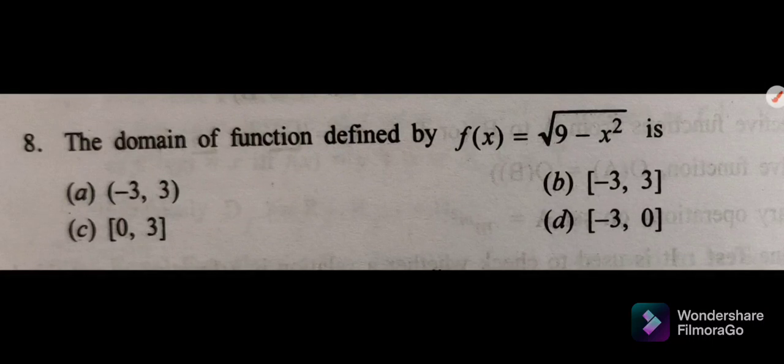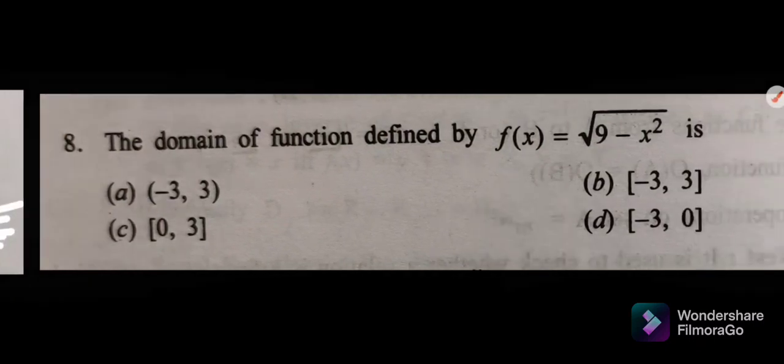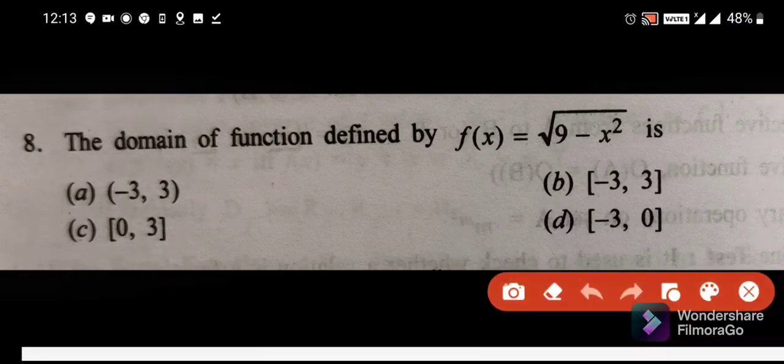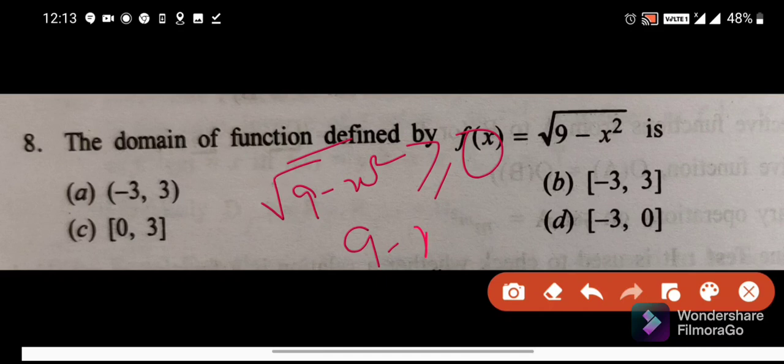Next, the domain of the function defined by f(x) equal to under root 9 minus x square is. Now for the domain, 9 minus x square is greater than or equal to 0.